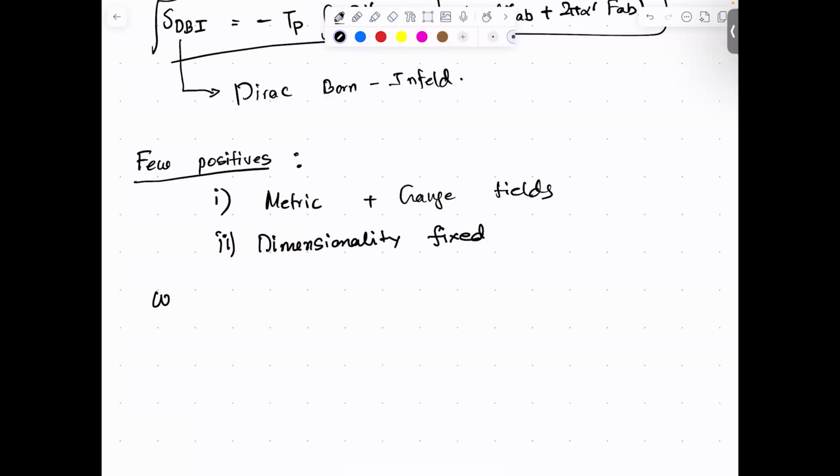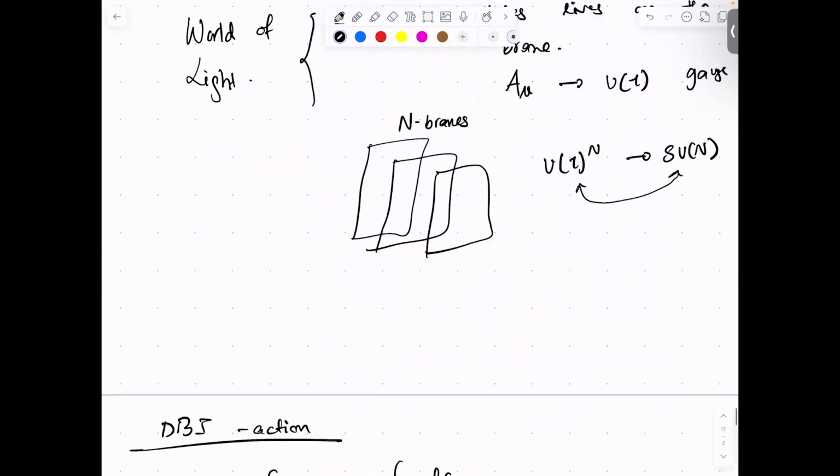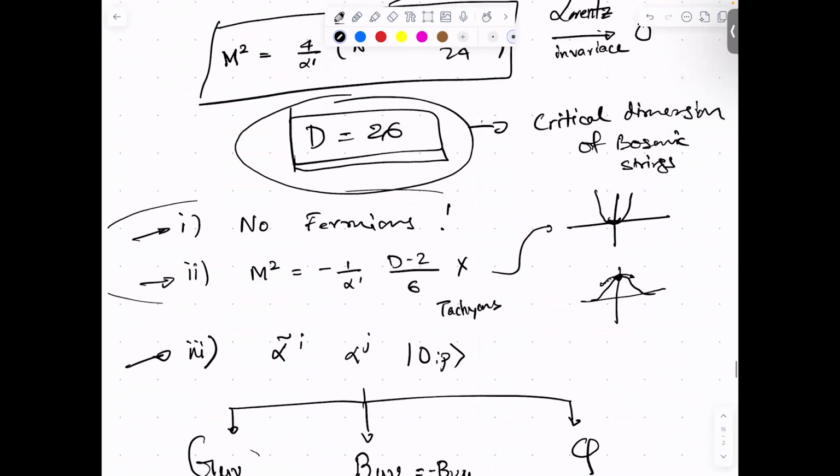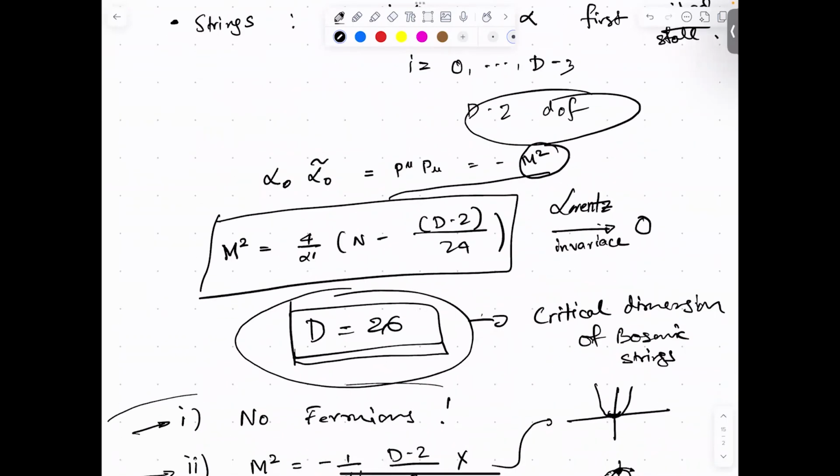Now, what improves? How did we fix the dimensionality of bosonic strings? Any ideas? How did we say it's 26? And what is the condition that fixes it? Lorentz invariance, right?